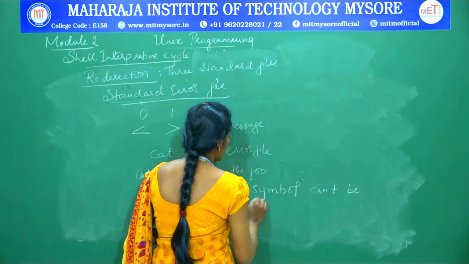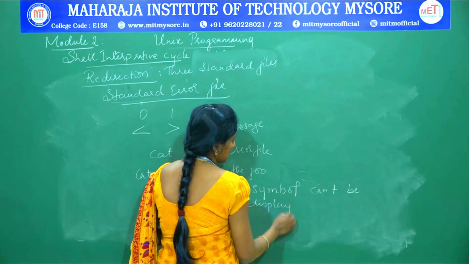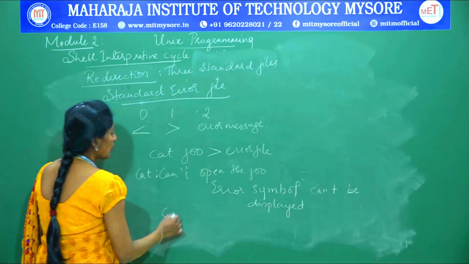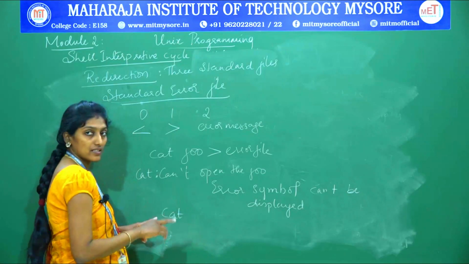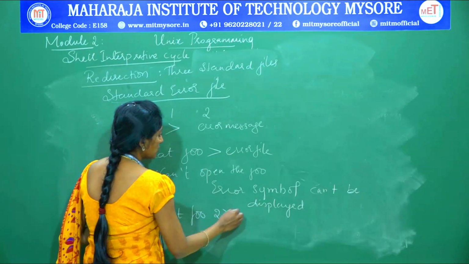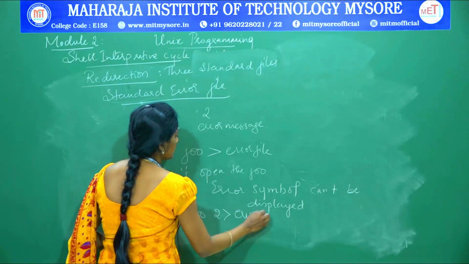It will show you a message like this. So at that time you have to prefix the error symbol for this file: cat foo 2 greater than error file.